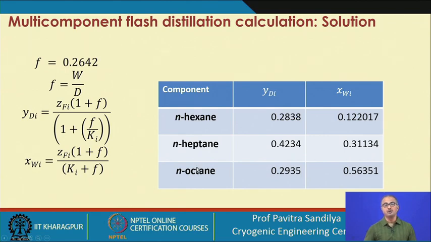So, this is how we are able to find out the ratio of the flow rates of the vapor and liquid and also the compositions, and this problem may be extended also to know the vapor flow rate or the liquid flow rate or both of them if we specify one of the components. So, this is how we are going to solve the flash problem.